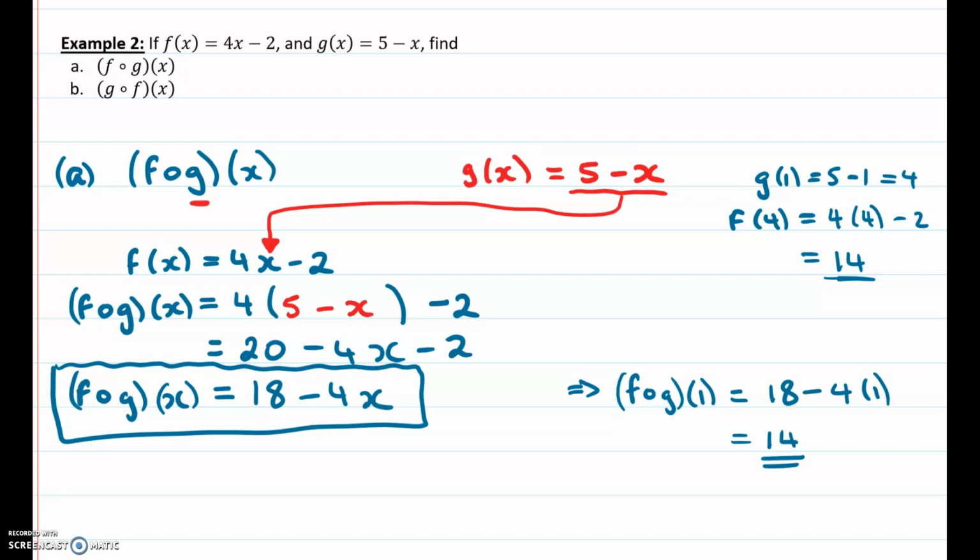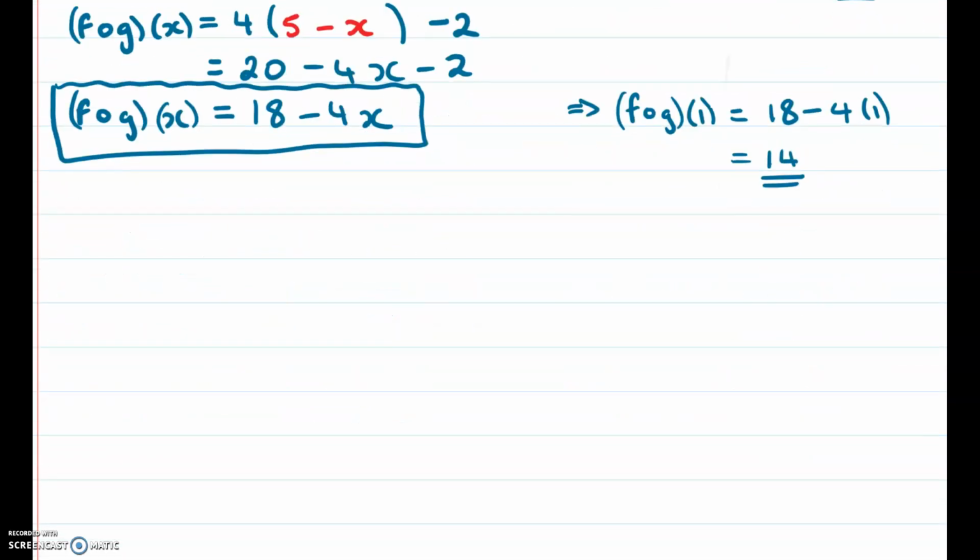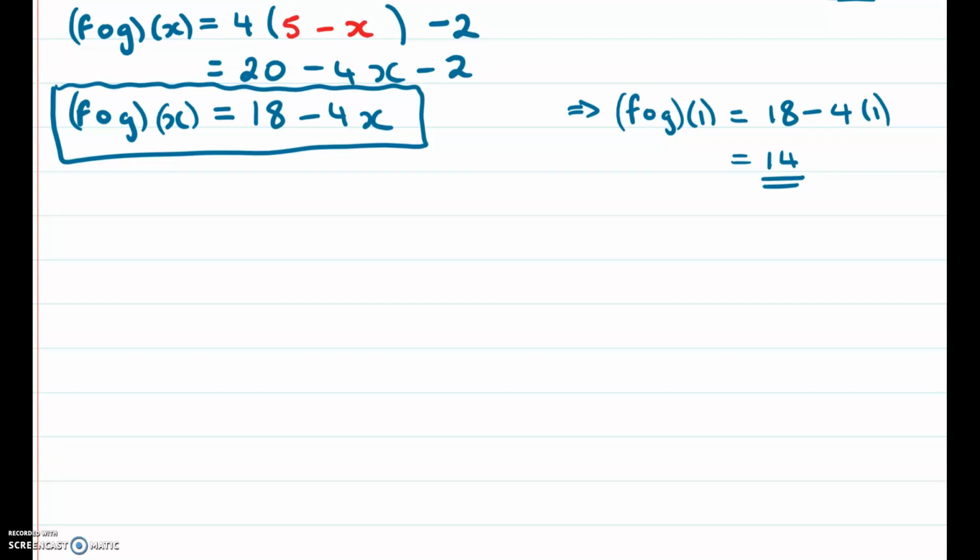So in other words, what we have done in our work by developing this composition is given us a shortcut for finding the answer in one step rather than the 2 steps we used up here. Okay, so that's what it does. It's a shortcut for helping to work things out. Okay, the next thing we have to do, part B, is g o f of x. Okay, so let's do that one now.